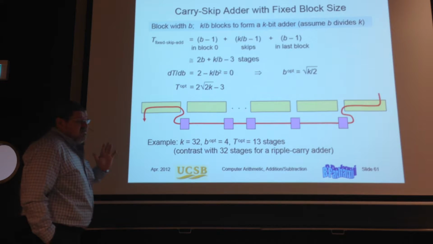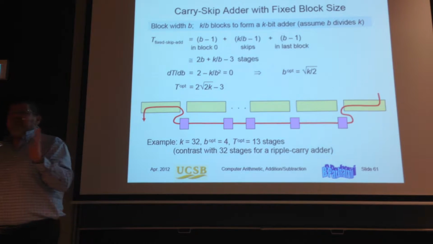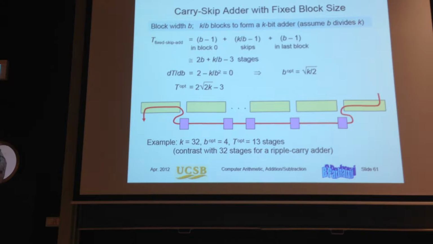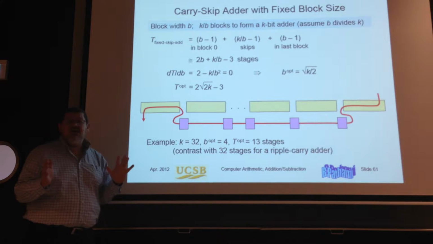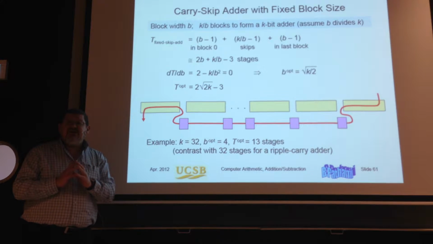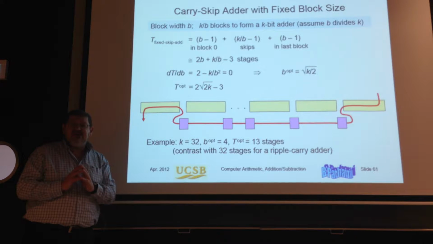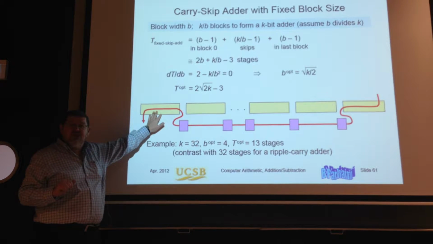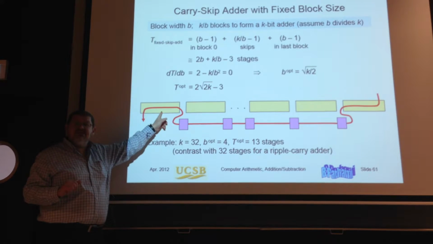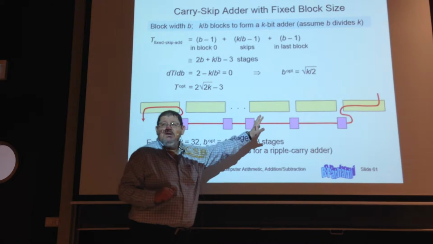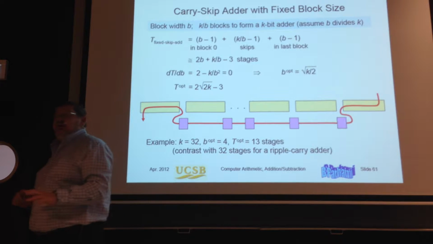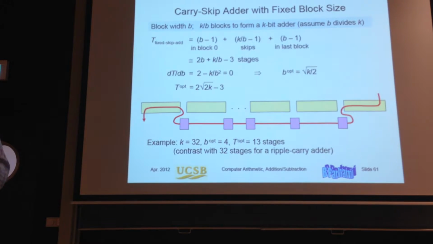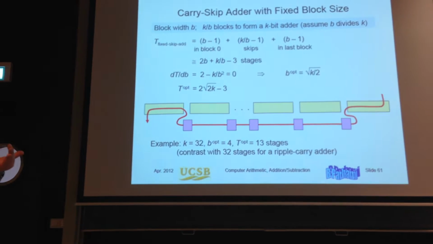Now, if I look at this scheme, there is something which might take my attention or give me a hint. If you look at the critical path, the delay on the critical path is dominated by two things: the number of bits in the first and the last block, because there you have some ripples, and the number of blocks. Now, I can also distribute bits per block in an uneven way.